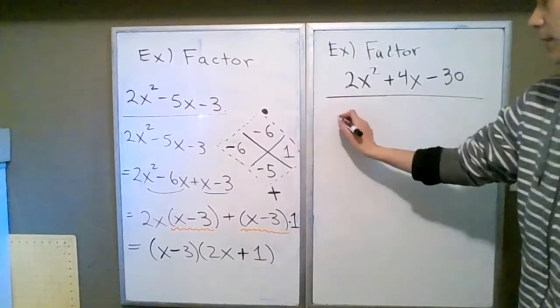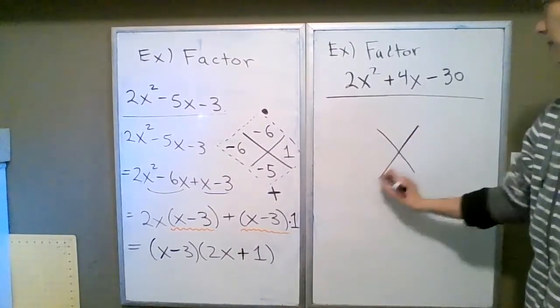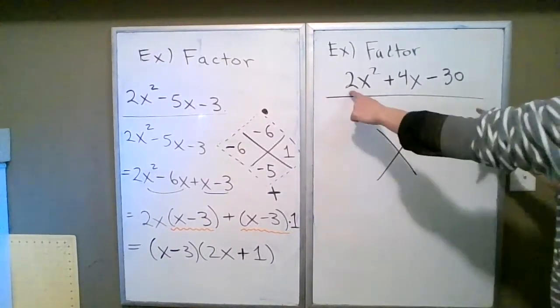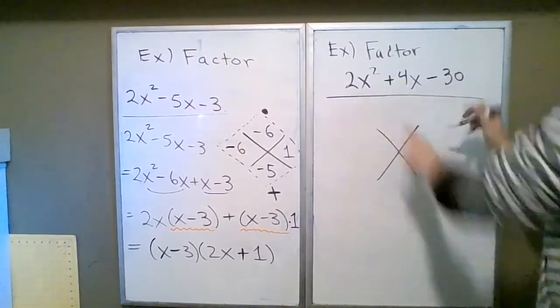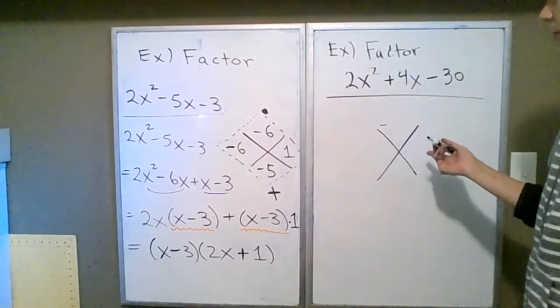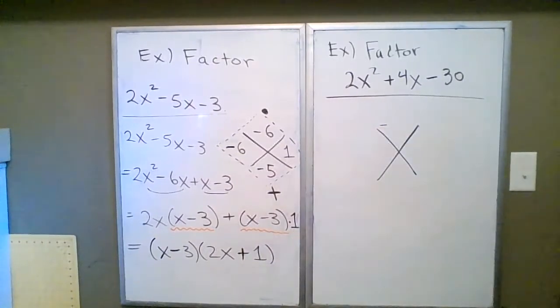Let's do the diamond first. So you'd have to have 2 times negative 30 up here, 60. Oh, actually, we could. Let's do this first. I could tell we could factor out a 2.